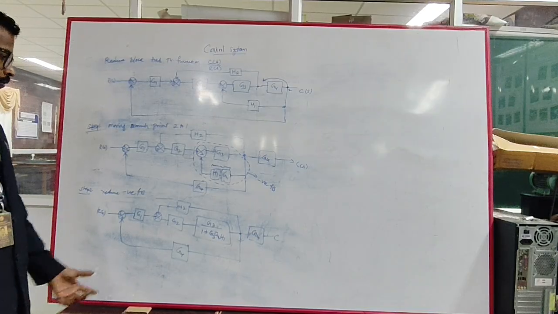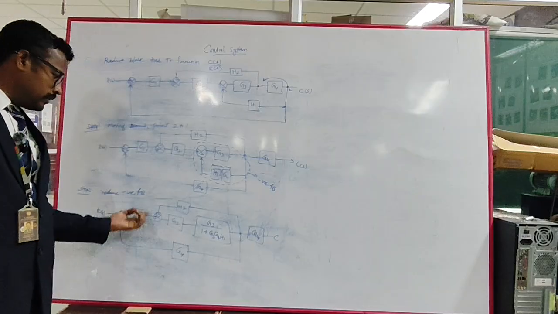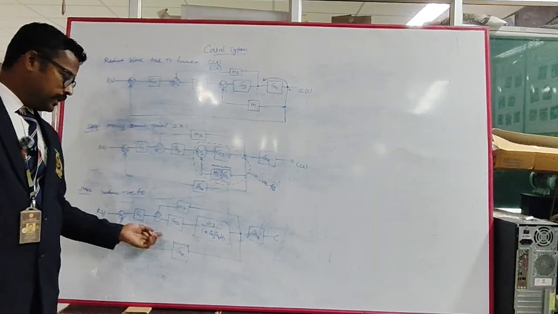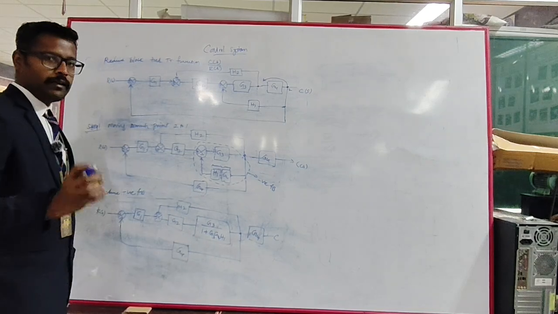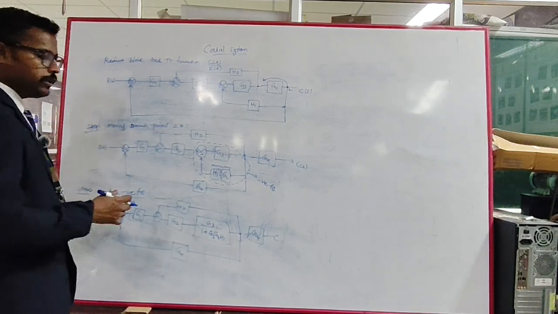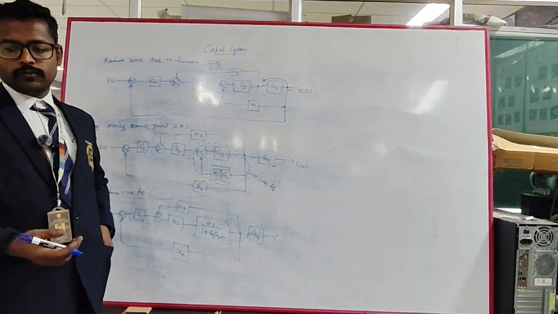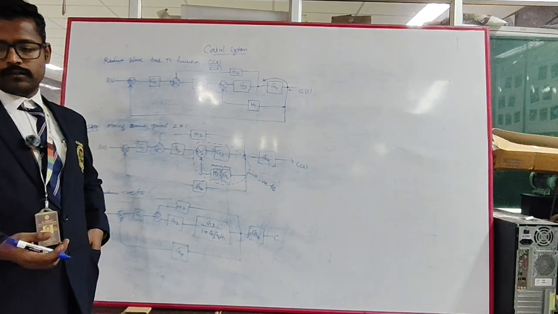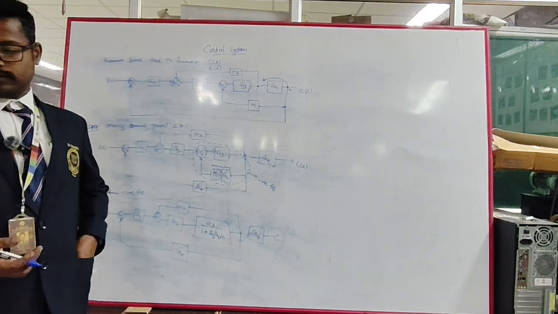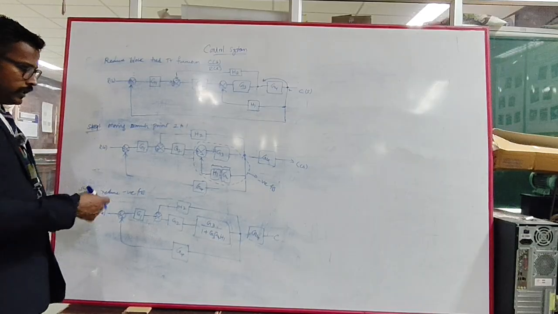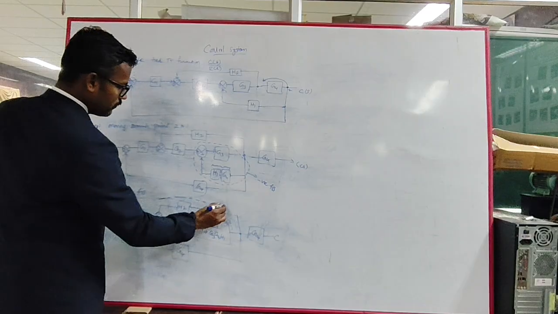Okay, so now you see that these two things are in series, and this is again another feedback loop. Okay, so if two things are in series, you can just multiply them. Okay, so no need to go for another step. Okay, so here we can reduce it in a single step. Okay, so this is another negative feedback loop.